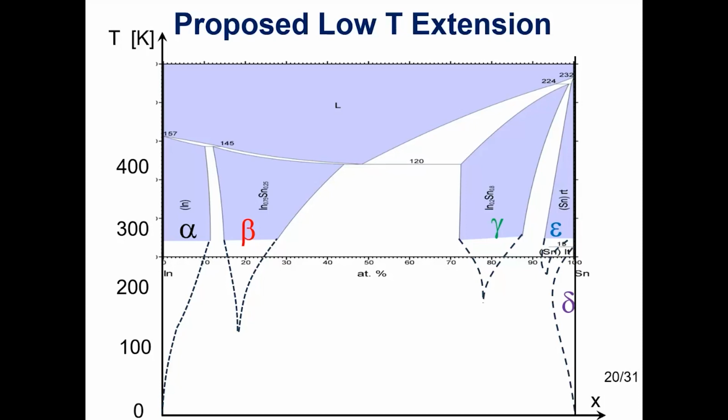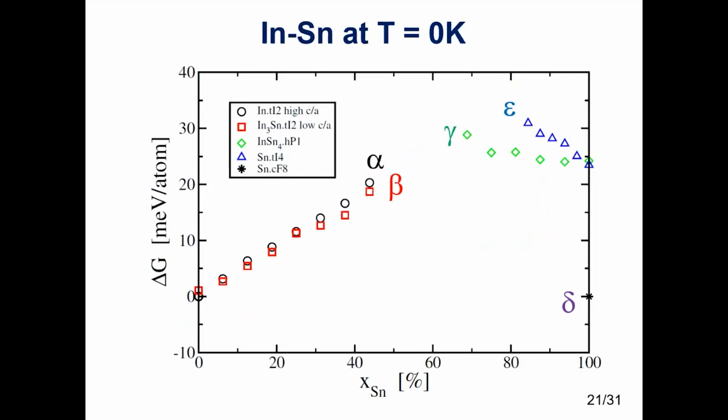It does not exist in the limit of low temperature. The same is true for gamma, and the same is true for epsilon. And meanwhile, delta, the low temperature phase of tin, again pinches off to a point. Okay, and that's consistent with what we see here.